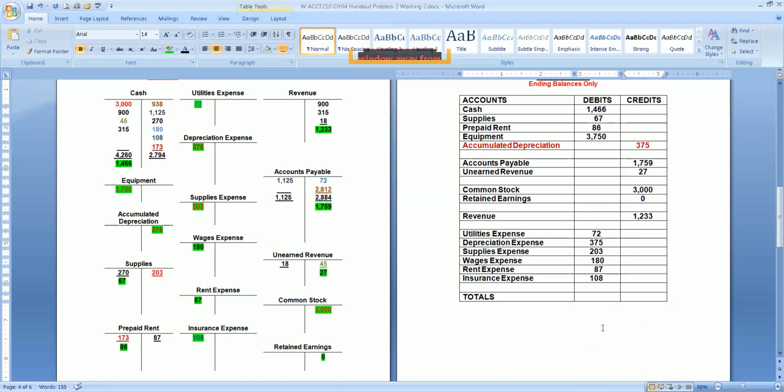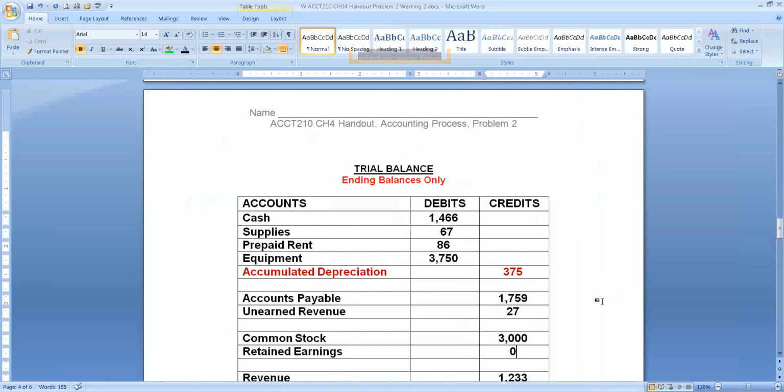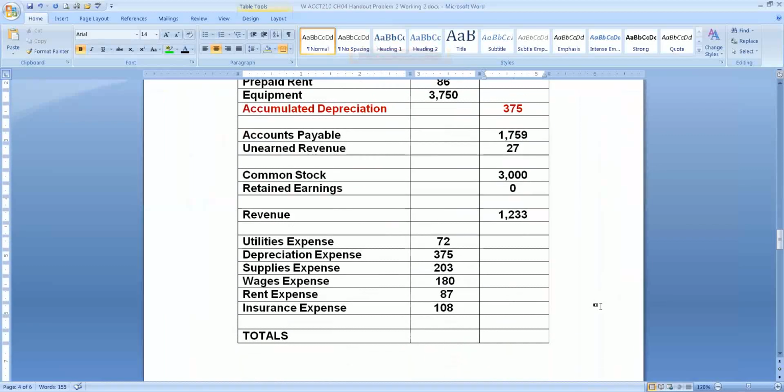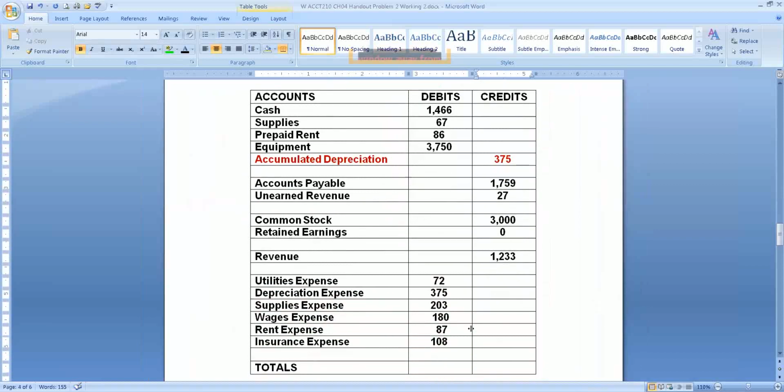Okay. So what I'm going to do is add them up.